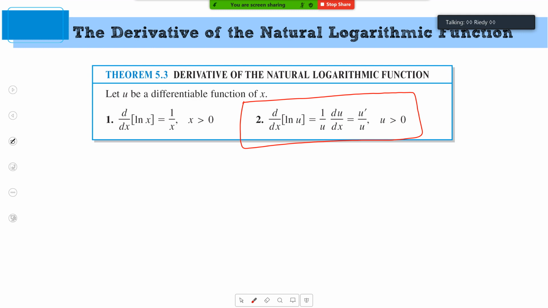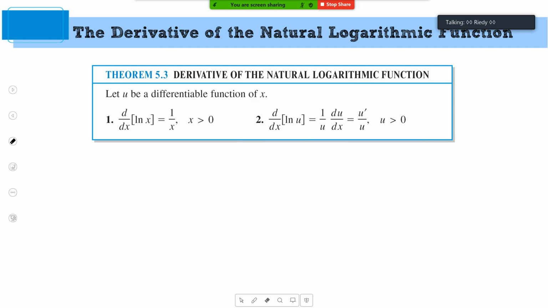If you just work with that side, it'll cover all possible scenarios. Number one only accounts for if you have the natural log of some easy function. And I'm very seldom, if ever, just going to ask you what's the derivative of the natural log of x, because that would be silly. But I am going to ask you for things like the derivative of the natural log of x squared. So that becomes a u.